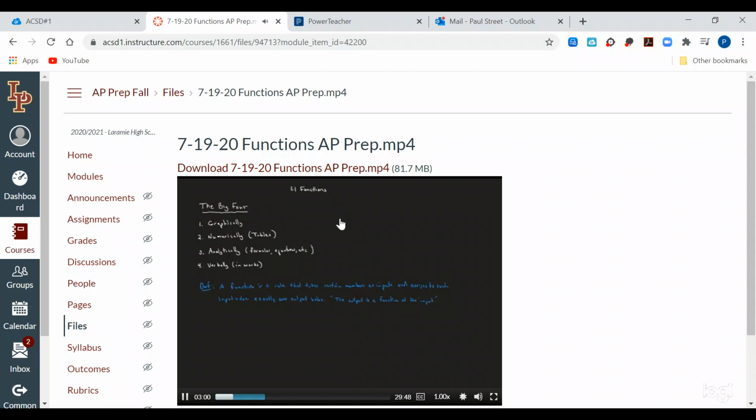3 total. Okay, so let's take a look at some examples of what this looks like. I'd like you to put this stuff into your notes, and feel free to pause at any point in time. What we're going to do here is try to understand graphically what we mean by what is a function and what is not a function.